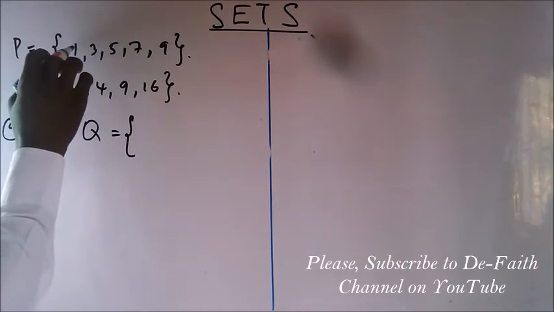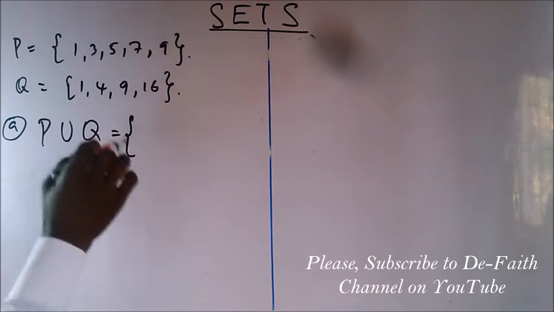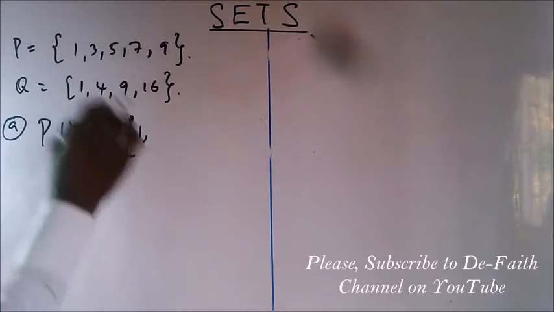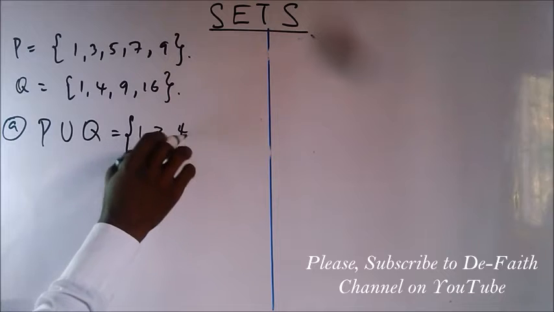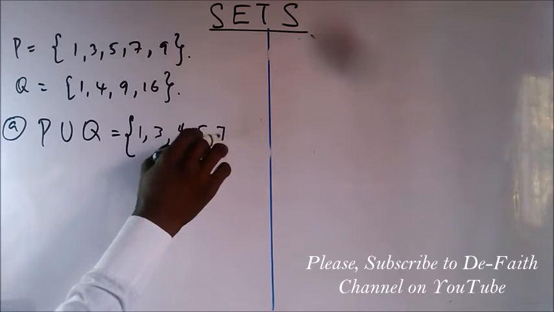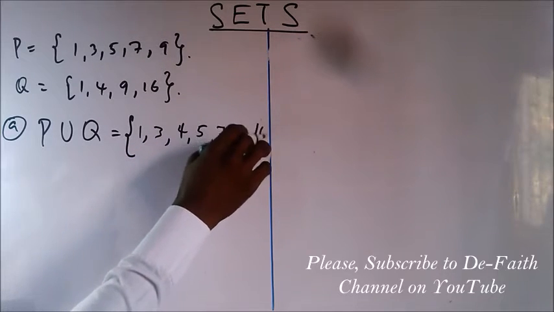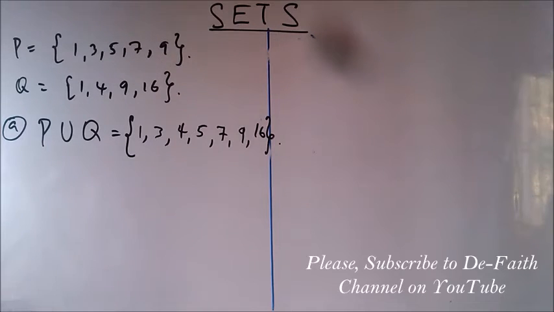Now we have 1 in P and we have 1 here, so we have just one, and then we have 3, 4, 5, 7, 9, and 16. So this is P union Q.